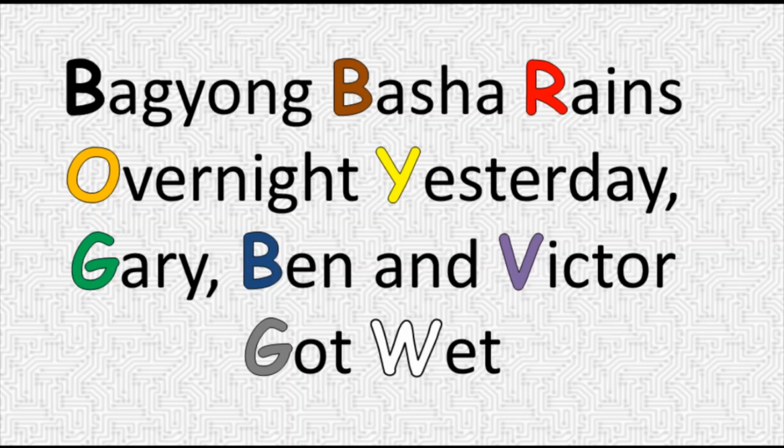The second color is brown, which is for the letter B of Basha, BB, right? The red is for the rains, O is for the orange, overnight, yellow is for the yesterday, green for Gary, blue for Ben, Victor for violet, got for gray, and white is for wet.